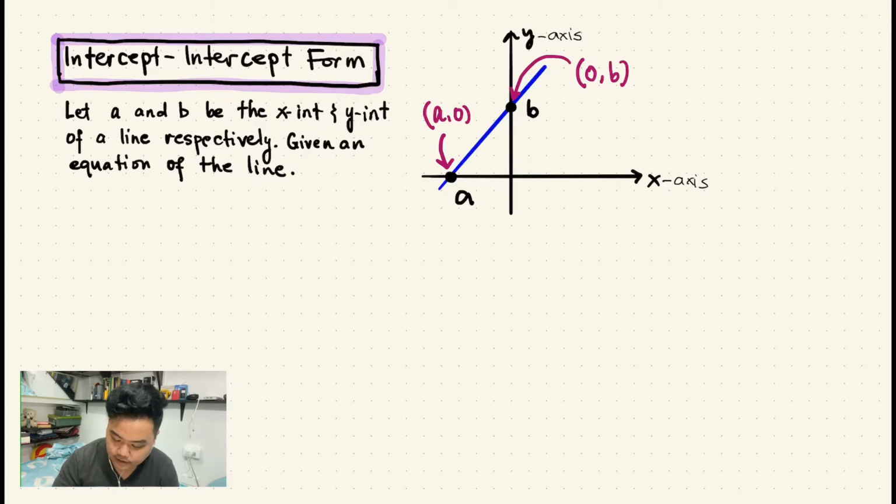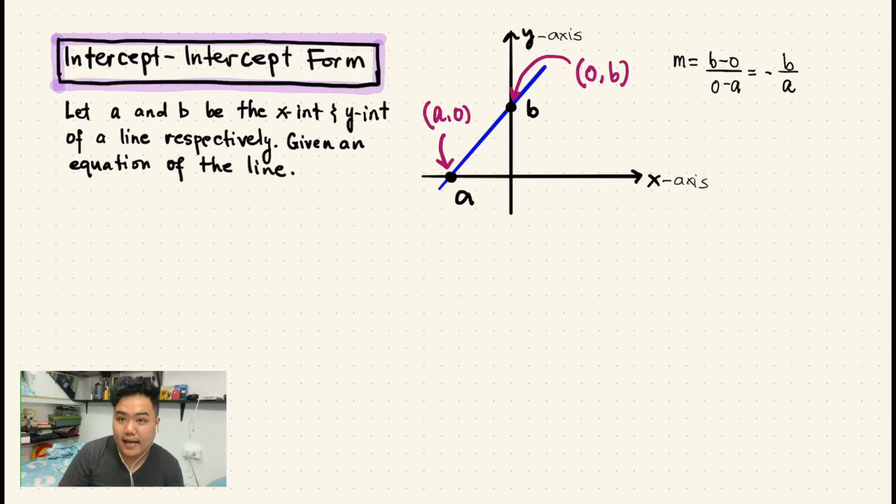Tawagin natin to x2, y2, x1, y1. So, b minus 0 divided by 0 minus a. So, the slope is b over negative a. Pero pwede mo lagay negative doon.